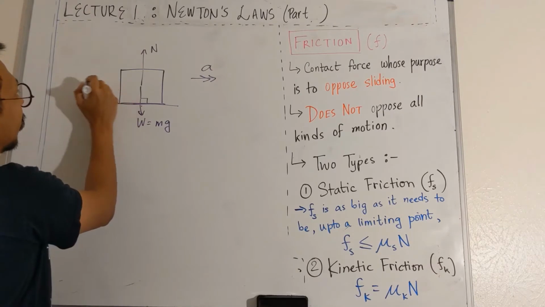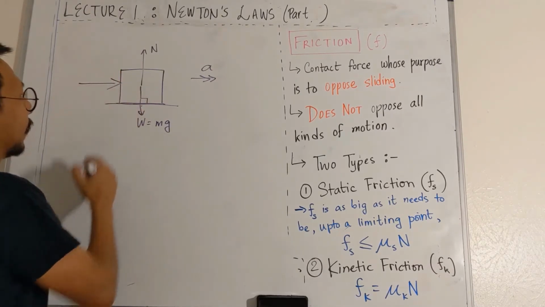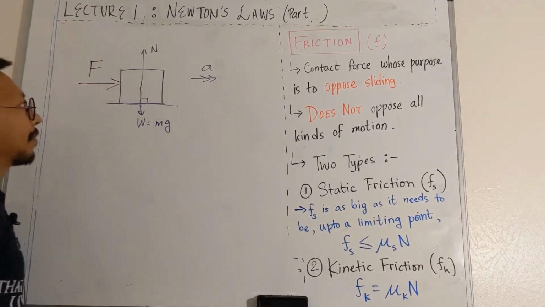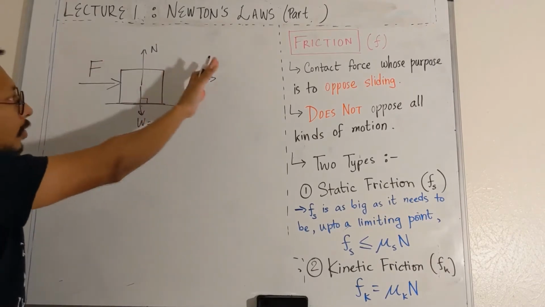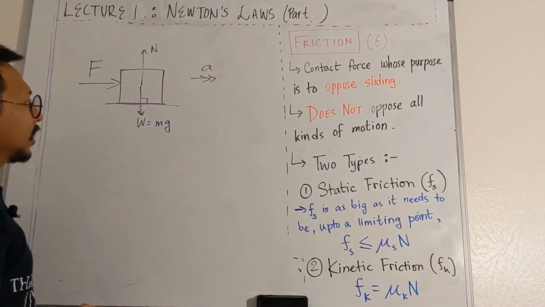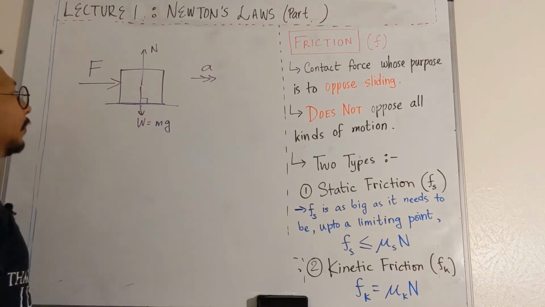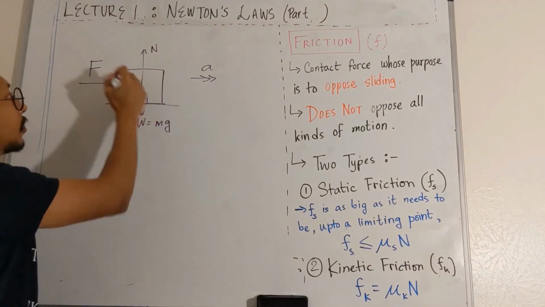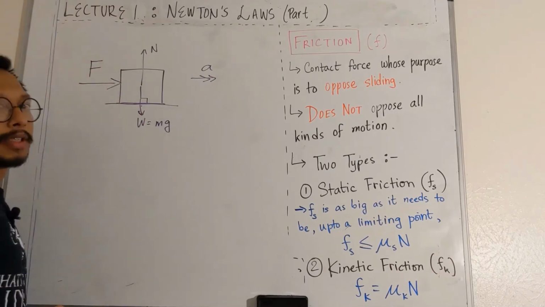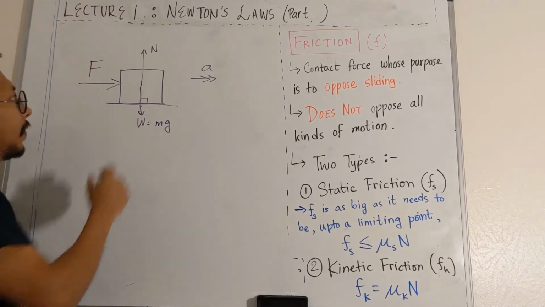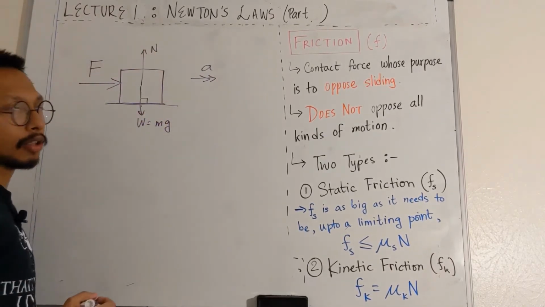What you would do is you would want to exert a force of size capital F towards the right. Okay, let's not worry about the axis at this point. This is the situation here. Okay, so to move this box, you need to apply a significant amount of force. We call that F, and these are the other forces acting on the box.